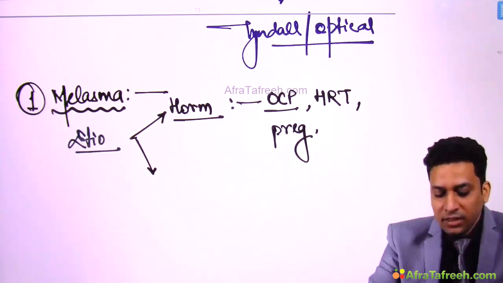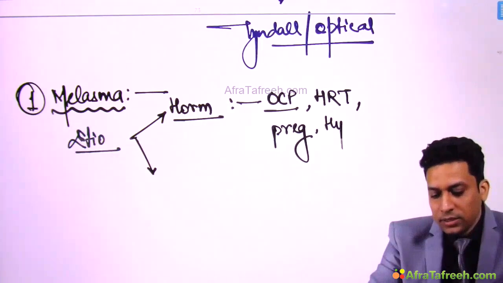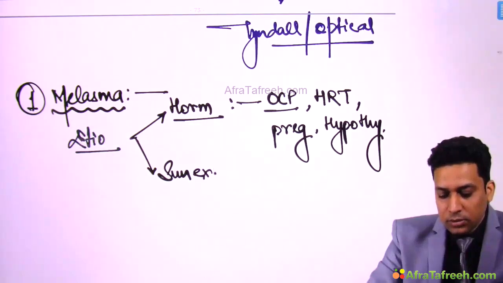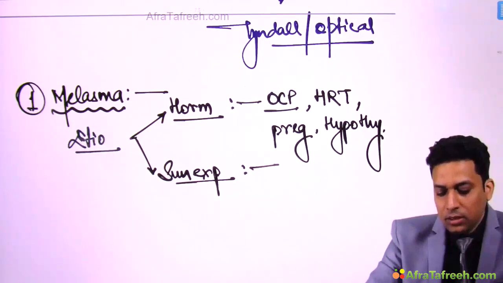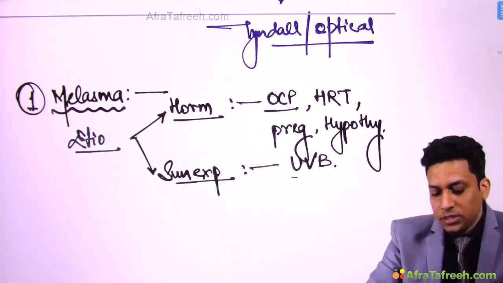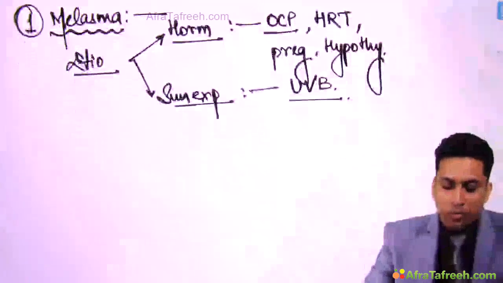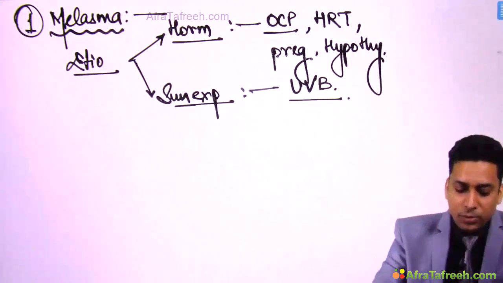Sometimes it might be associated with endocrine disorders like hypothyroidism. Second is due to excessive sun exposure, especially ultraviolet B radiation exposure. So it can be hormonal or it can be due to excessive sun exposure.